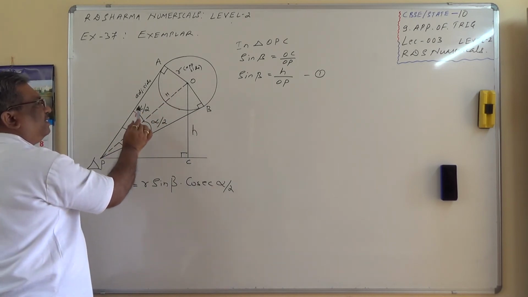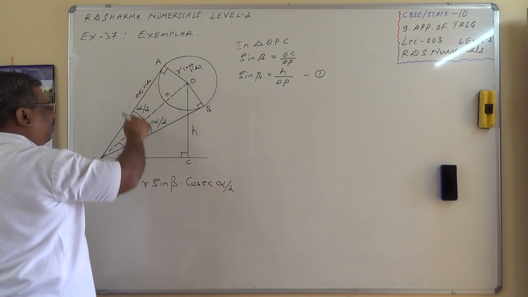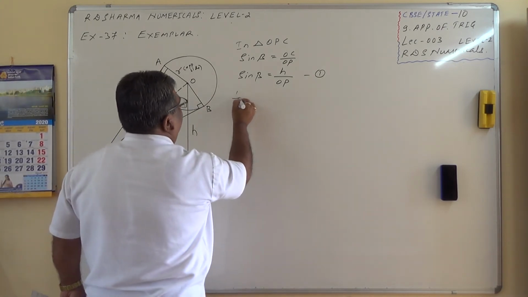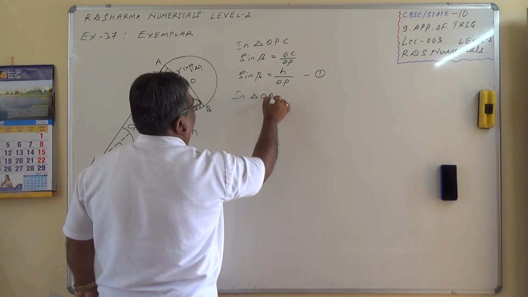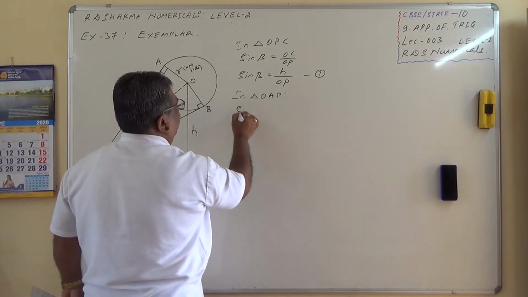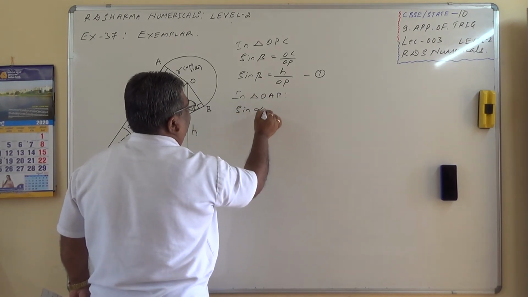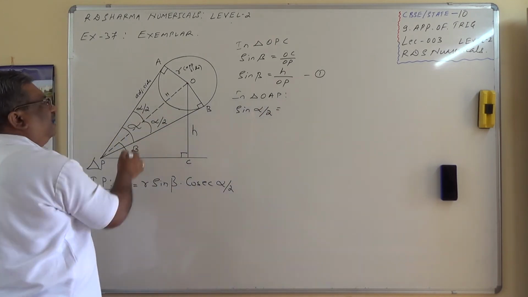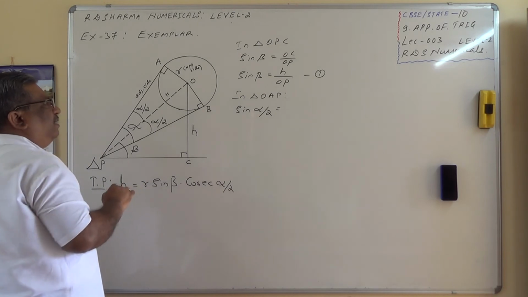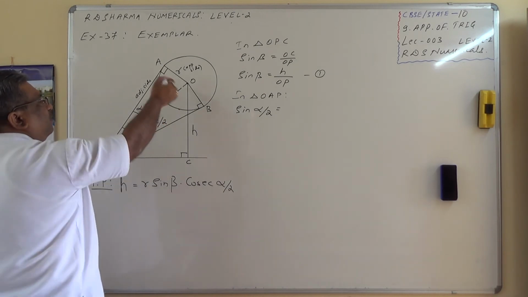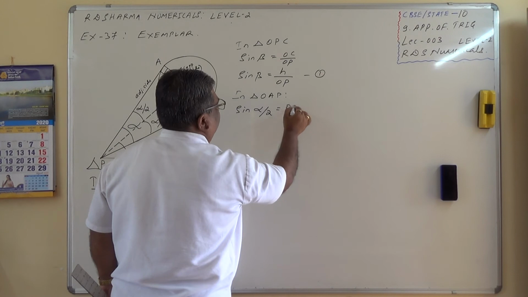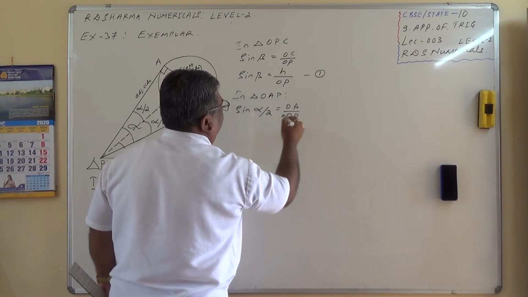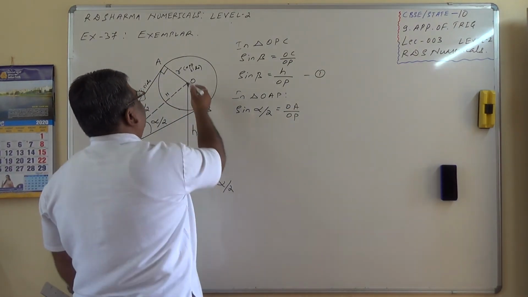So can I take sine alpha by 2 in triangle OAP? So in triangle OAP, once again I'll take sine of alpha by 2. Sine of alpha by 2 equals opposite by hypotenuse, OA by OP. What is OA?